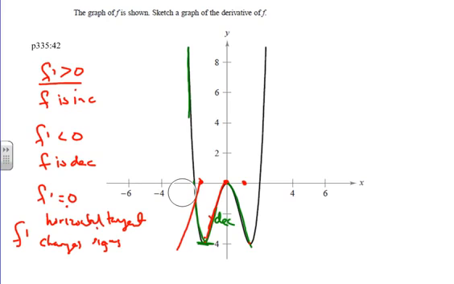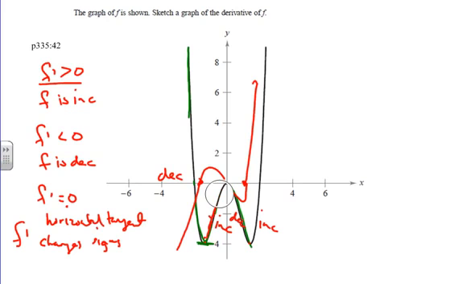Why would I have this screwed up? I apologize. This is decreasing. This is increasing. Change up your notes. I apologize. All right, so it's going to be negative. Then it's going to be positive. Then it goes to decreasing again, so the derivative will be negative. Then it goes to positive because it's increasing, and then it goes positive.